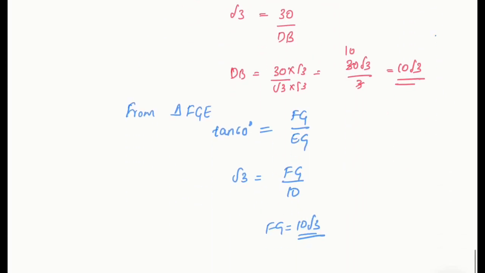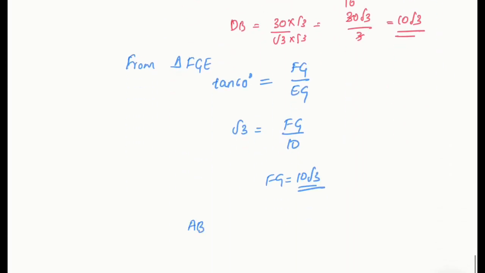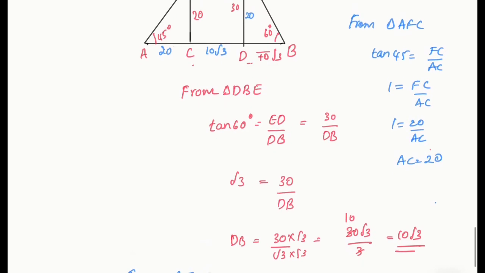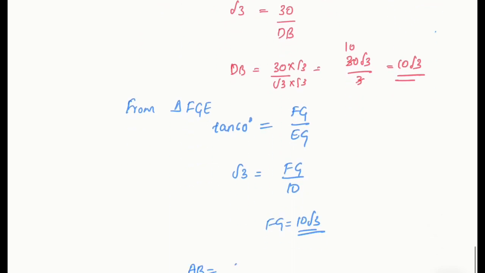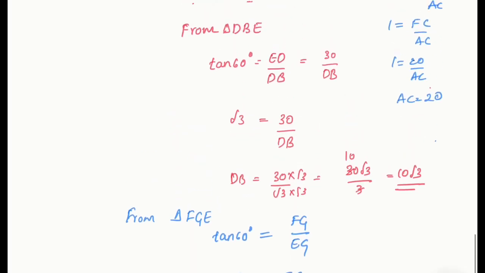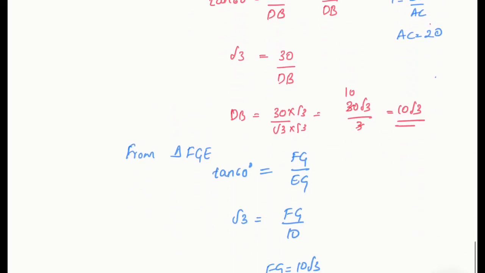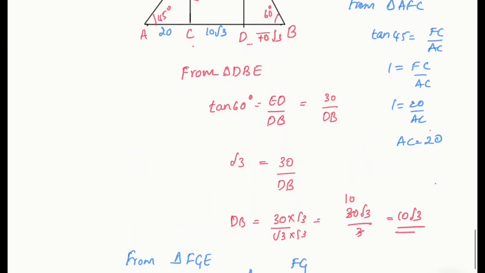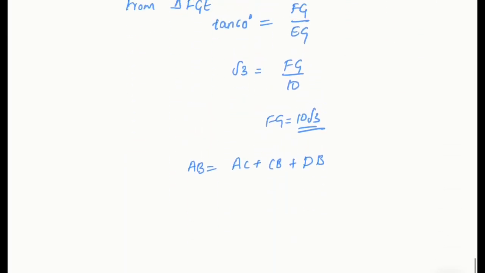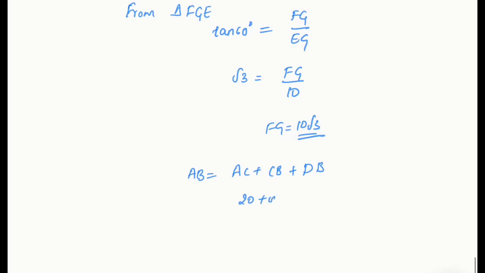Finally you will get AB equal to AC plus CB plus DB, that is 20 plus 20 plus 10 root 3. So you get 20 plus 20 root 3. Taking 20 out, you get 20 into 1 plus root 3.